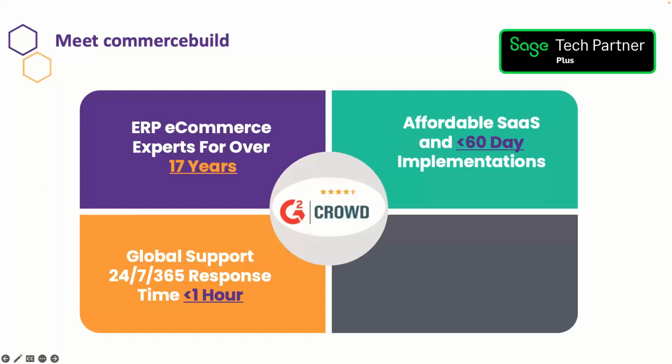And what you need is a provider and a partner that can really go to bat for you and make sure that we address the situation, we understand what the problem is, and that we deliver a rock solid solution. And what you'll be able to do with that is have a happy customer that's going to stay with Sage a long time, hopefully stay with commerebuild a long time on that.